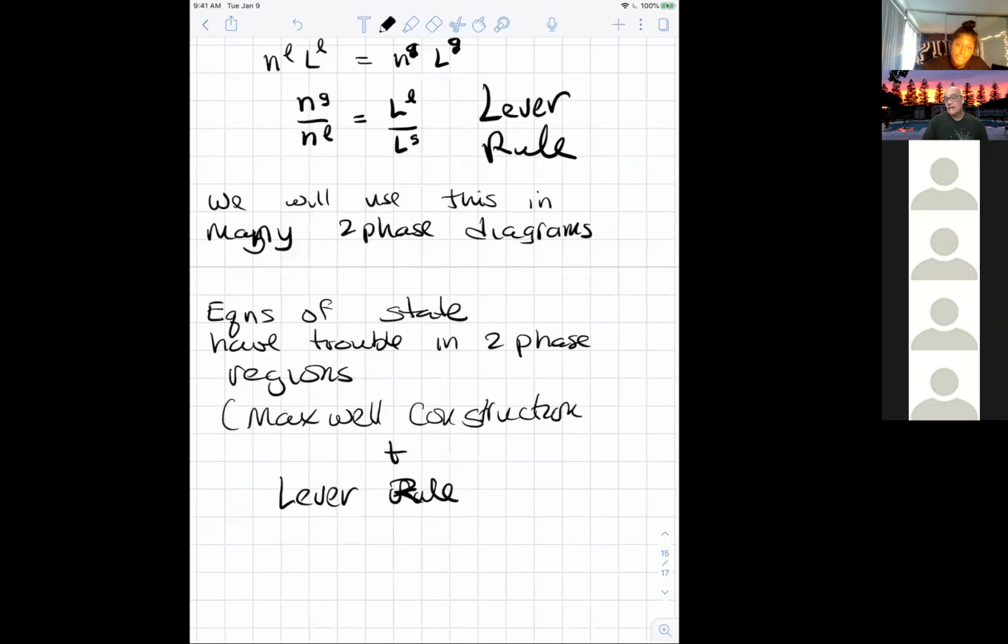So next time, in the last part of chapter 8, we're going to start looking at some useful things that we can get out of phase diagrams.